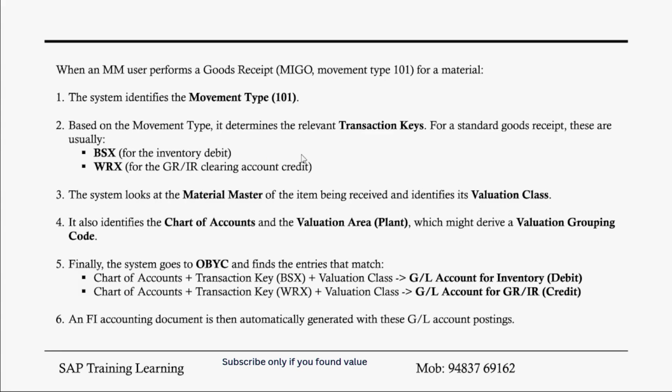Instead, we want these materials to be categorized. So depending on the material type, you are going to assign the GL accounts, which means you need to have the set of GL accounts, the transaction keys, and the valuation class. This is the equation which you maintain in OBYC.